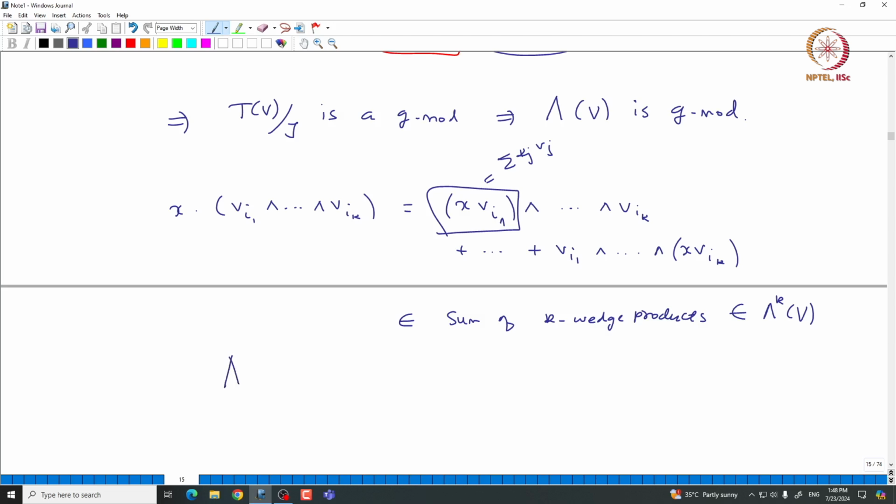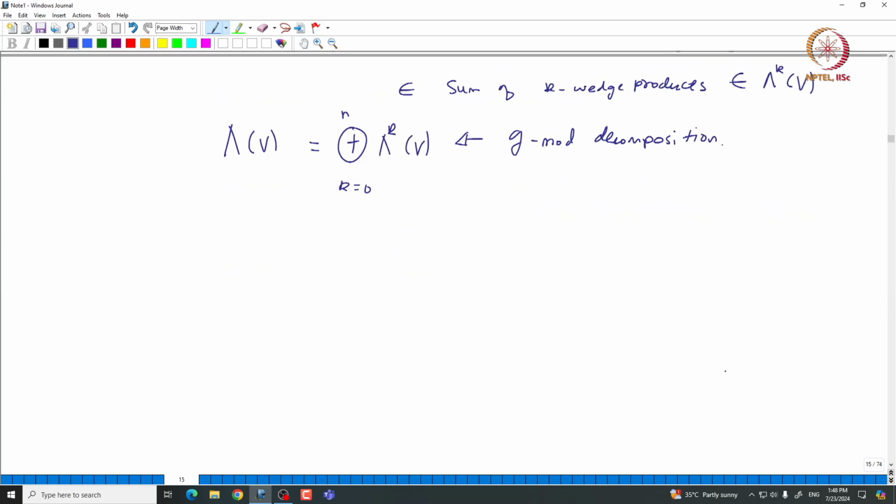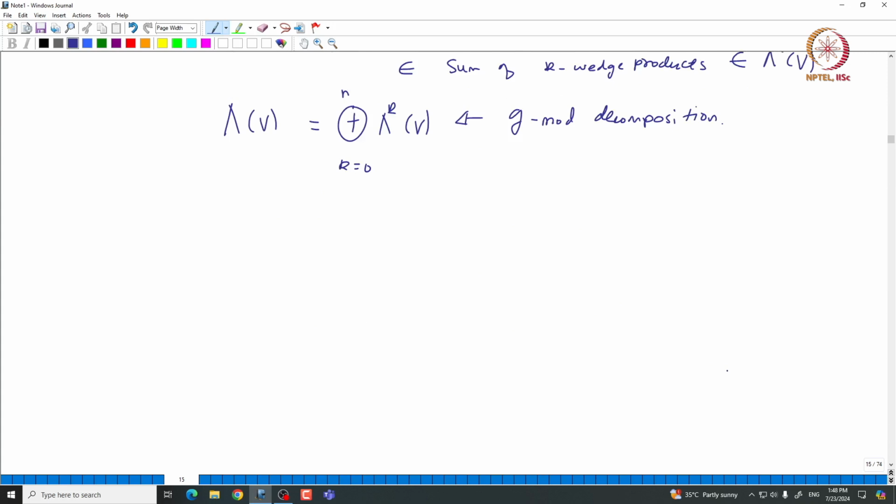So that means this lambda V being the direct sum of lambda^k V, where k ranges from 0 to n, this is indeed a G module decomposition. Okay. So indeed, given the G module V, we have created lots of new examples from that.